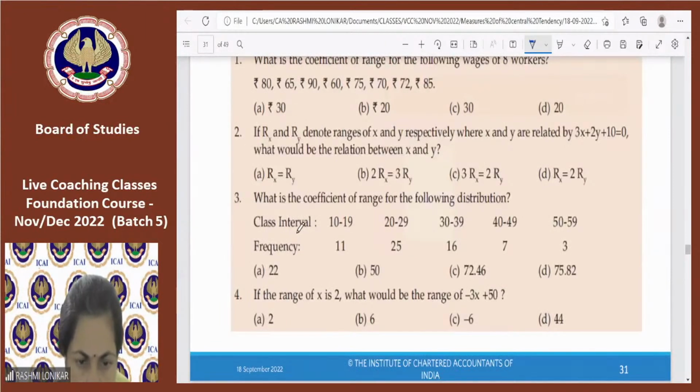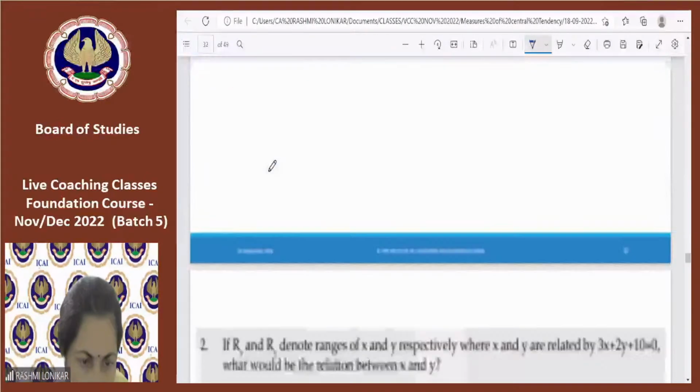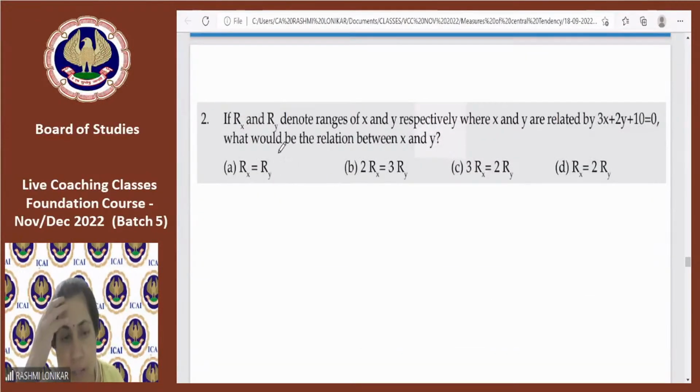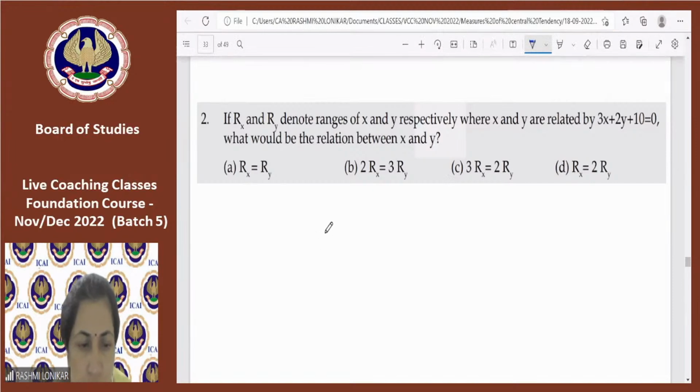This sum we have done. This second sum I will do. If Rx and Ry denote the ranges of x and y respectively, where x and y are related by this, what is the relation between x and y? So this is equal to 3x plus 2y plus 10 is equal to 0.